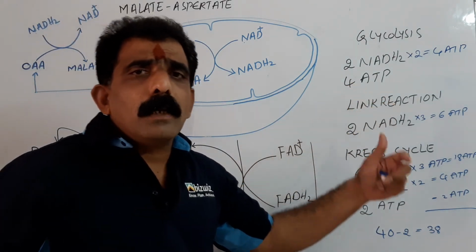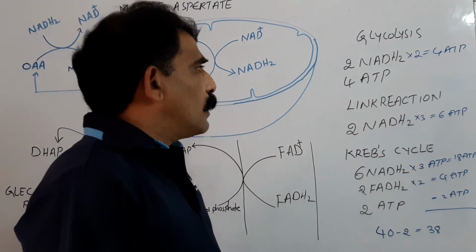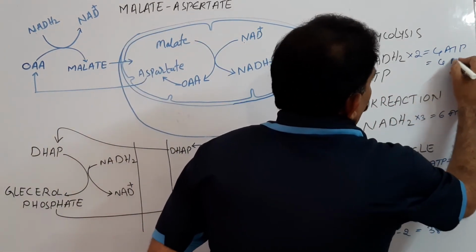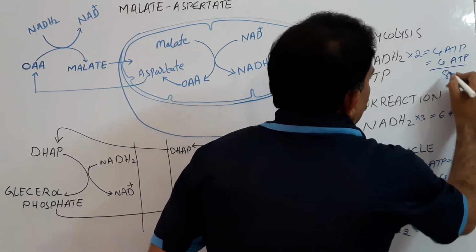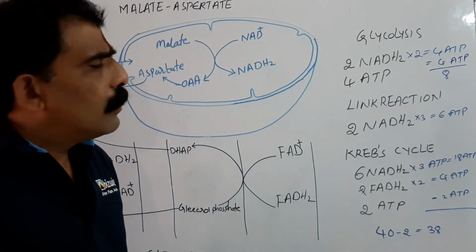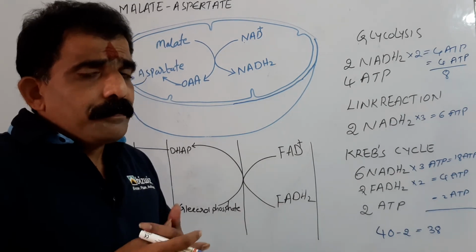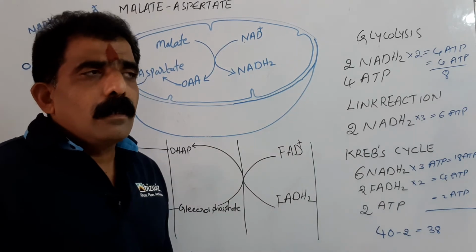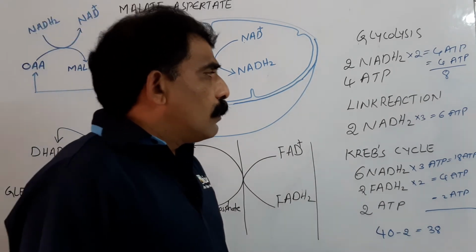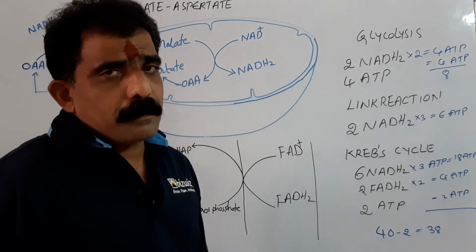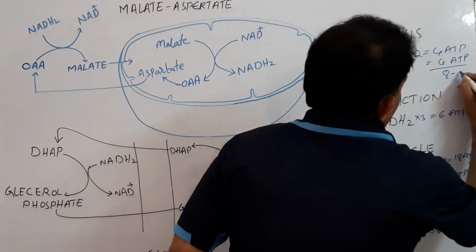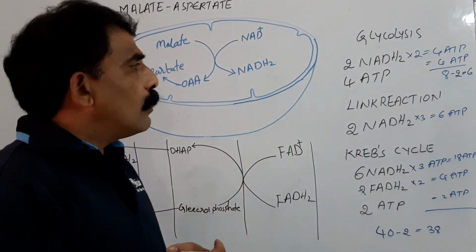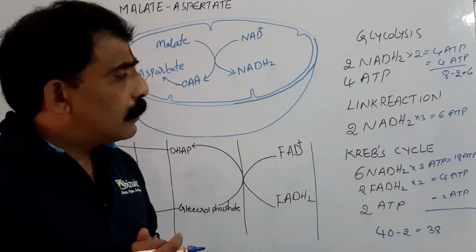However, through substrate level phosphorylation in glycolysis, 4 ATPs are formed. 4 plus 4, together 8 ATPs. And 2 are invested for the phosphorylation of glucose to glucose 6-phosphate and fructose 6-phosphate to fructose 1,6-bisphosphate. So 8 minus 2 equals 6. The net gain of ATPs is 6 only in glycolysis.